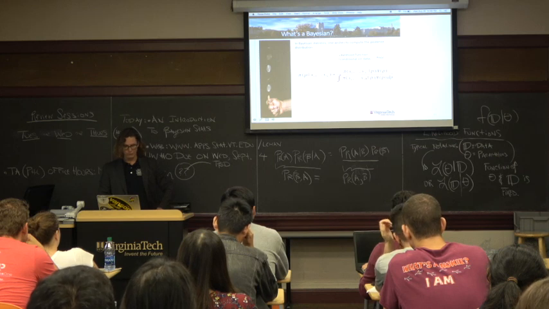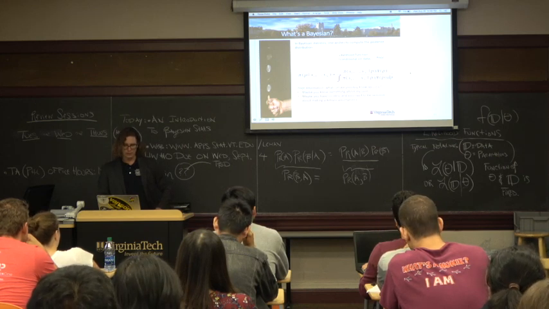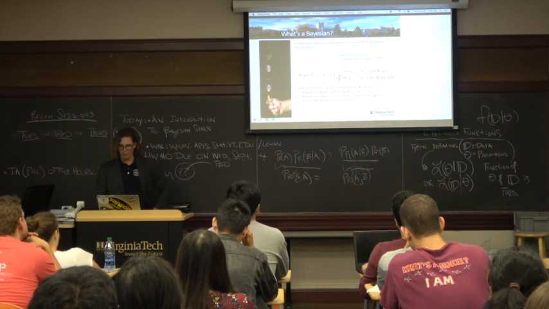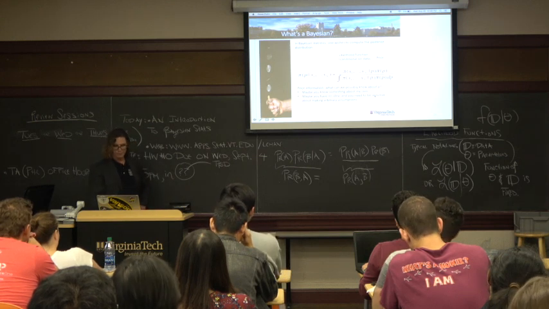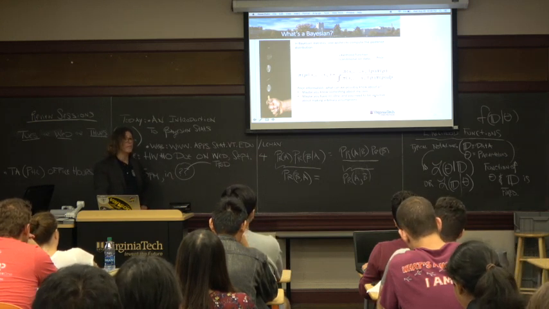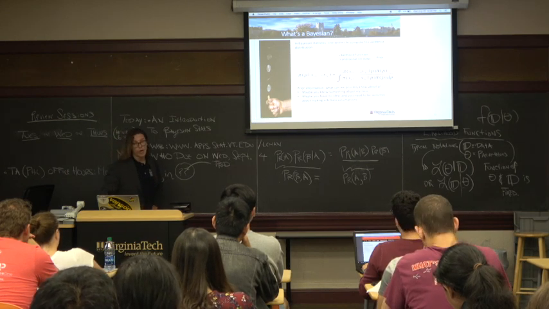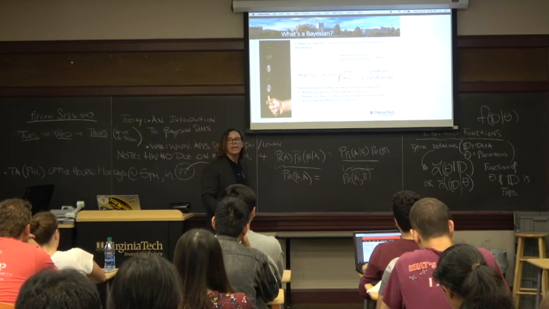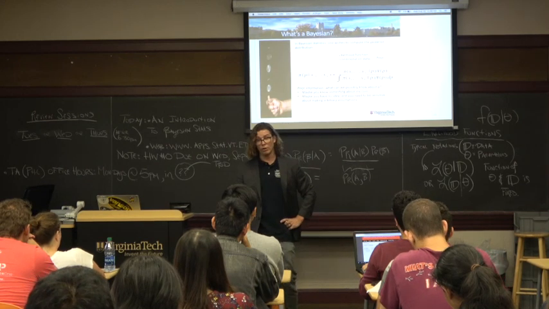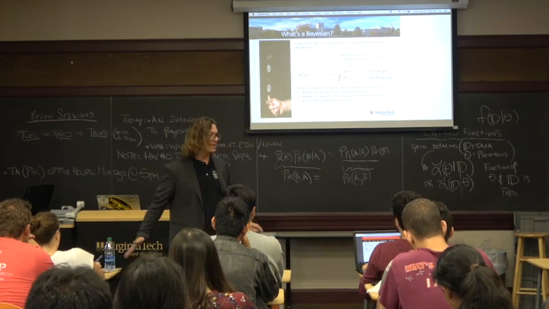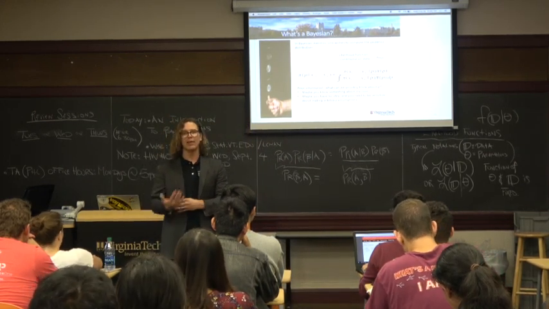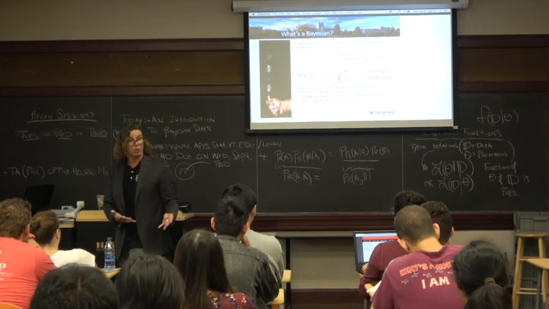So likelihood function, prior. The question is how do we form our prior distribution? Maybe you know something about the coin that I'm flipping, and you can encode that. Maybe you don't know anything and you want to encode ignorance as to what the coin is, and you want that ignorance to have as little impact on the posterior as possible.